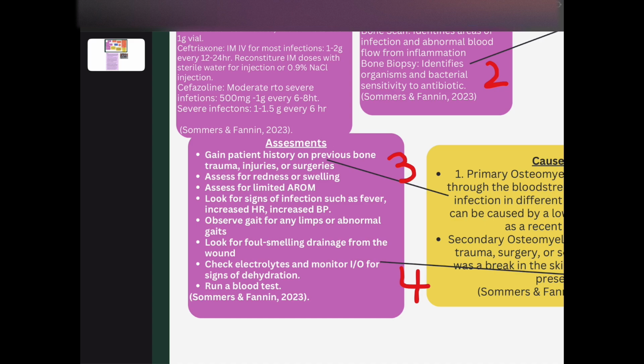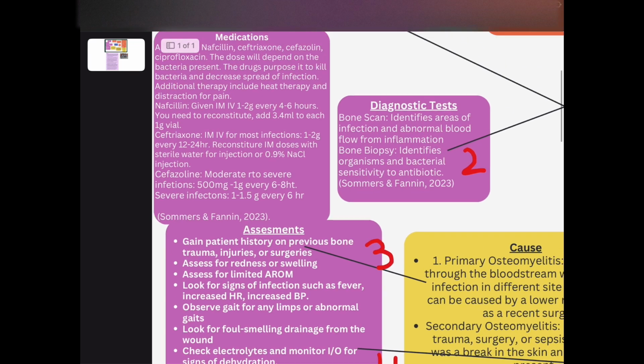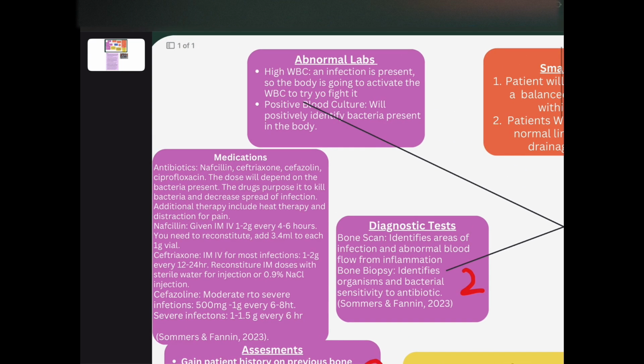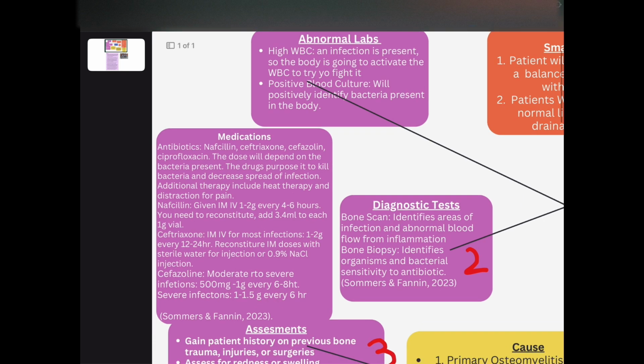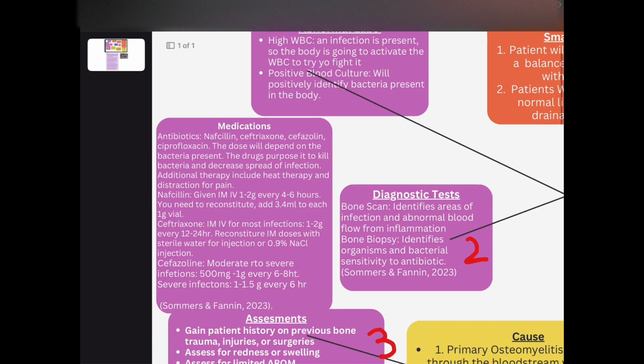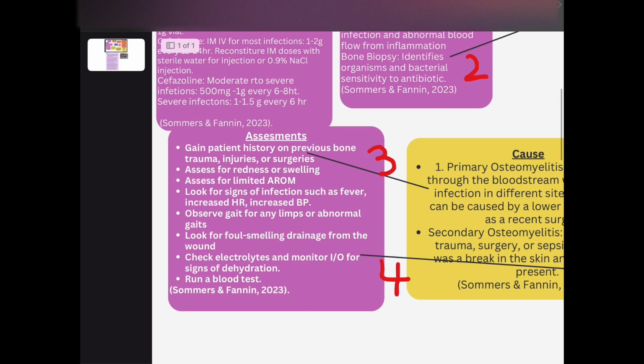So we do want to make sure that the I's and O's are equal and we're replenishing anything that is being lost. And then we do want to run a blood test, like we mentioned before, to see any abnormalities in the labs, such as high white blood cells or a positive blood culture.